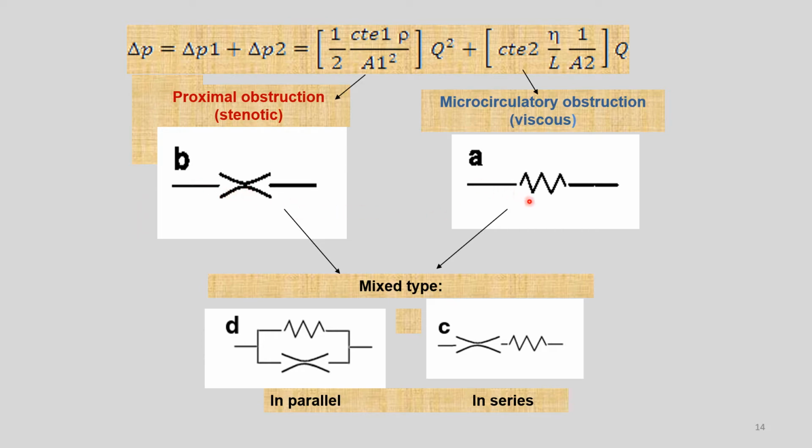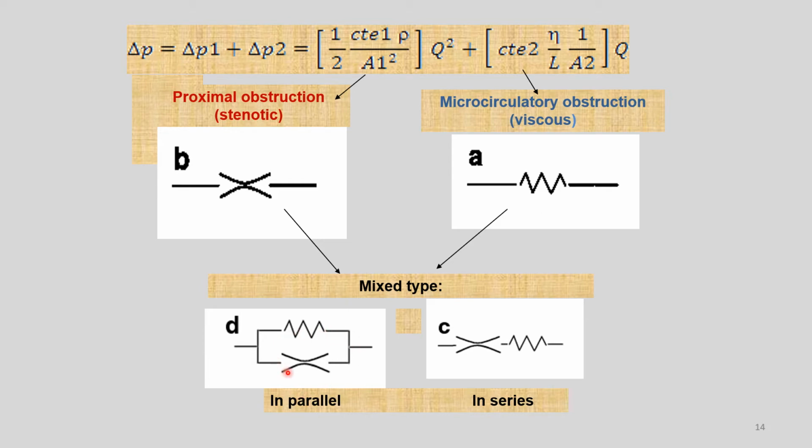Now, the usual notation for resistance that comes from electrical circuits, and that we can also use for fluid circuits, is this zigzag. But this is just to highlight that they are intrinsically different, as I am going to explore later.